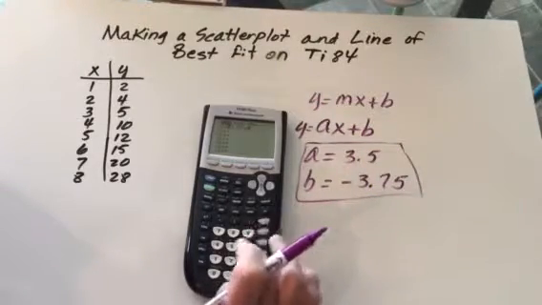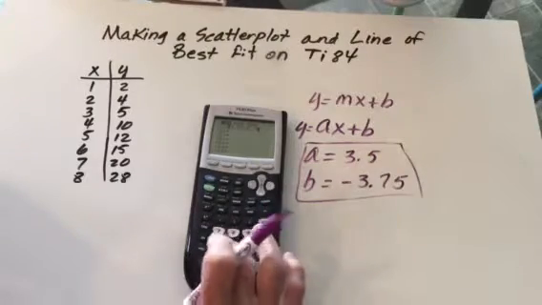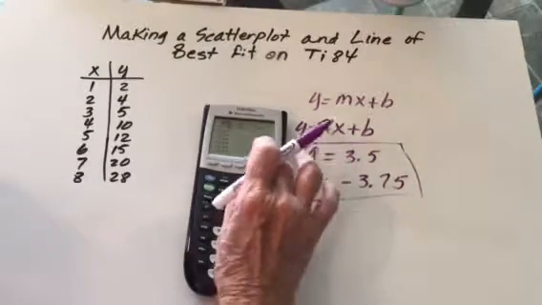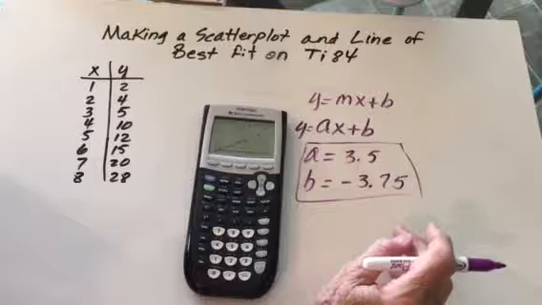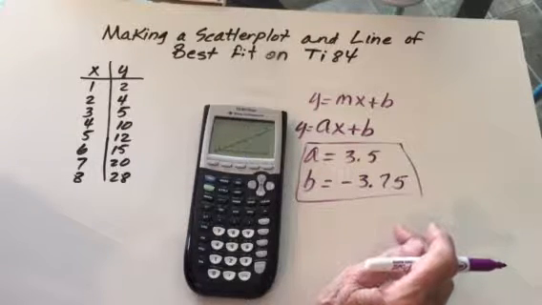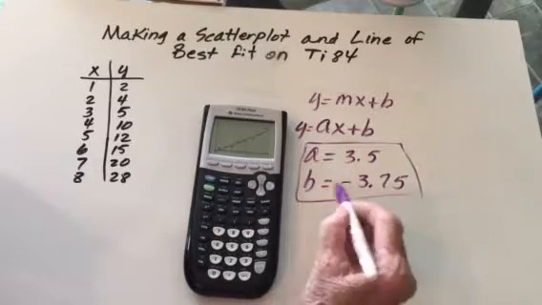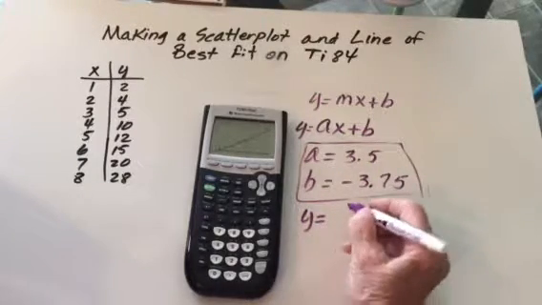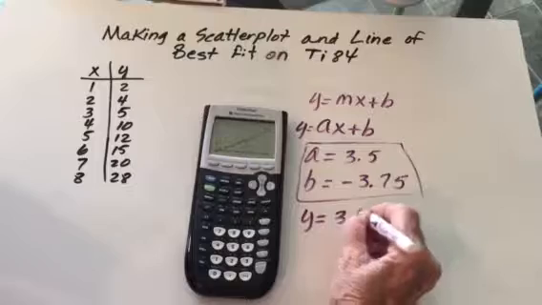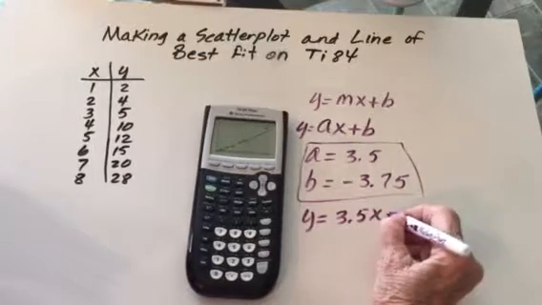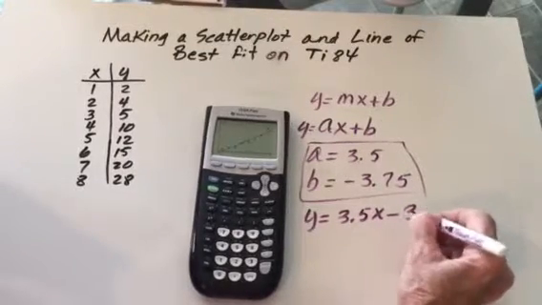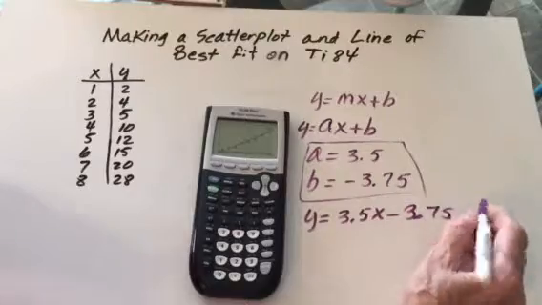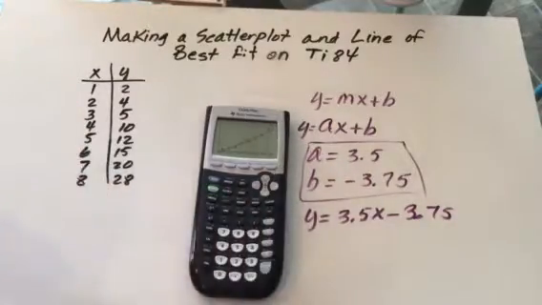So minus 3.75. And then I'm going to graph it. Now there's my line of best fit. And the equation is y equals 3.5x minus 3.75.